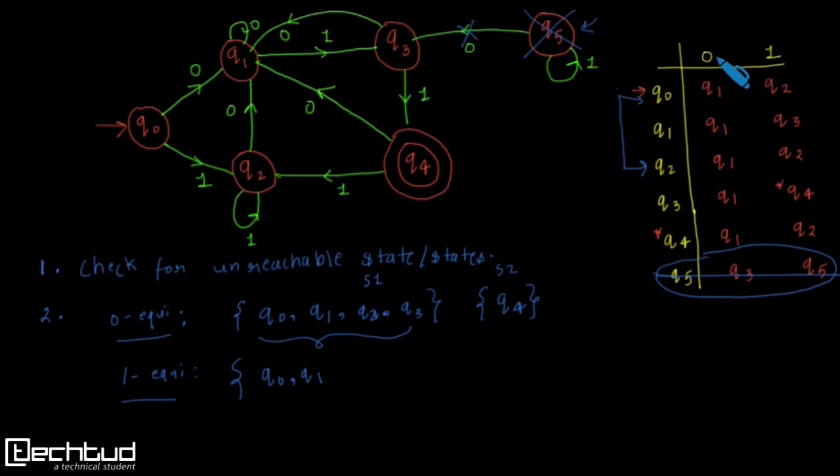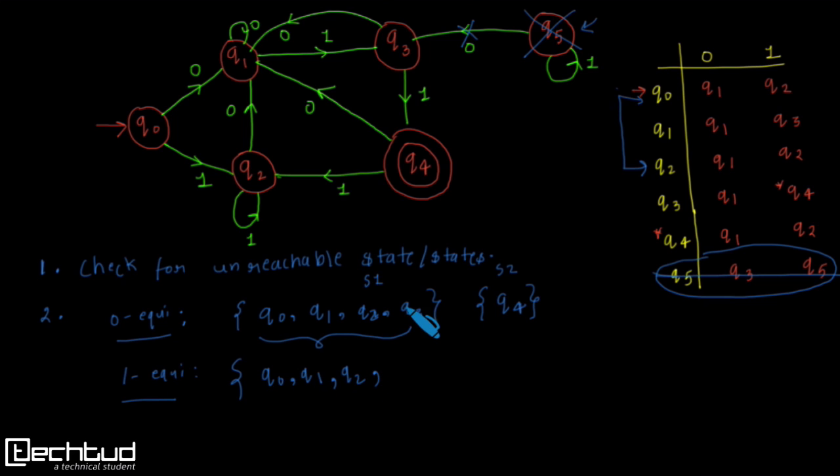Q2 also on input symbol 0 is going to Q1, which is in set 1. So this is fine. We have to check for all the input symbols. For 0 it is going to the same set, but we have to check for other input symbols also. Q0 on input symbol 1 is going to Q2, which is in set 1, fine. Q2 on input symbol 1 is going to Q2, which is also in set 1, fine. So Q2 will also be one equivalent to all these states.